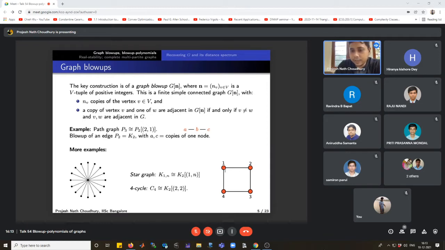Now 1 is adjacent to 2, so 3 must be joined to 2. Also, 4 is a copy of 2, so 1 and 3 must join to 4 also. But 1 and 3 are not joined, and 2 and 4 are not joined. So these are some examples of blowups of 2 nodes.